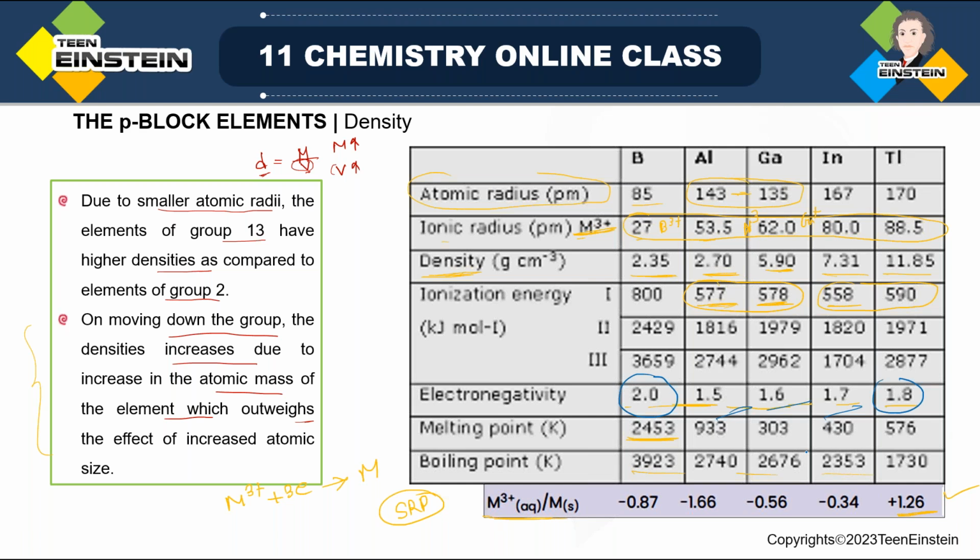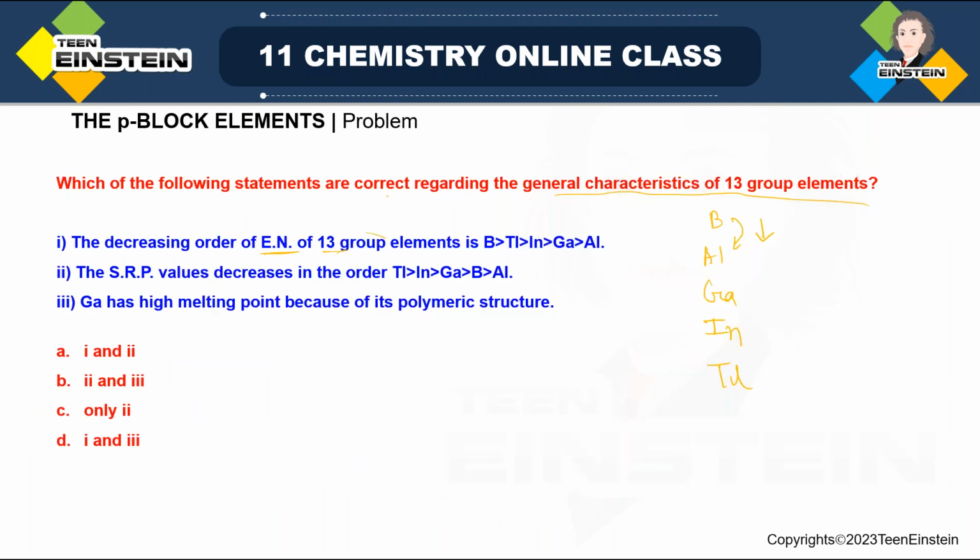B, Tl, In, Ga, Al. That means this is actually correct. It is true. Fine. 1 is true. That means if you look at the options, you have to choose either A or D, because only in these 2 do you have 1.